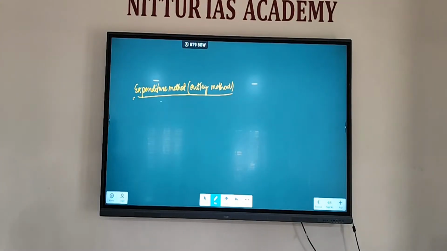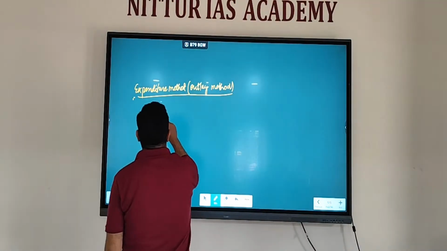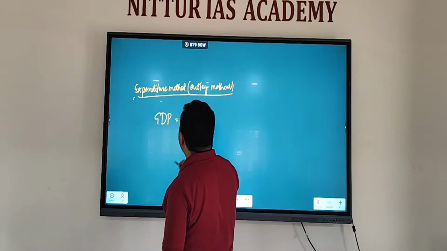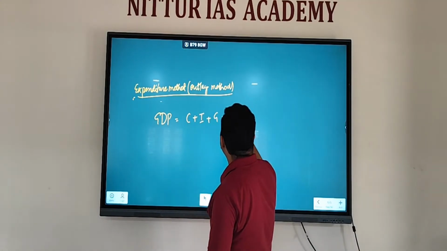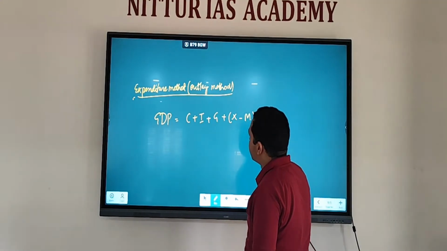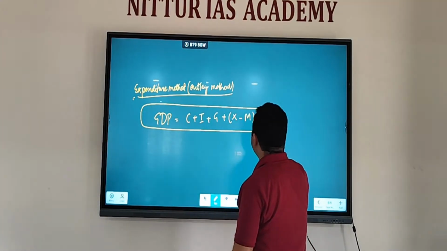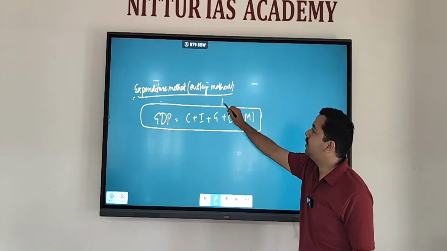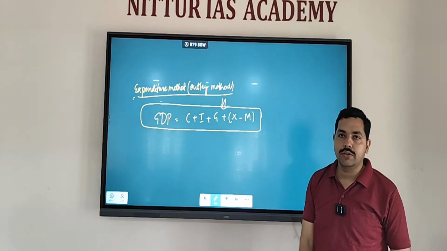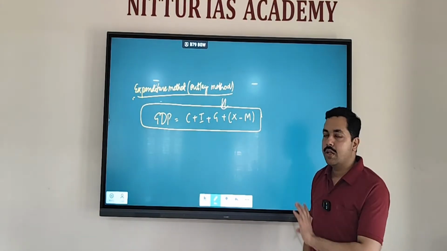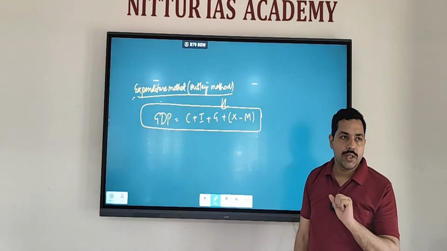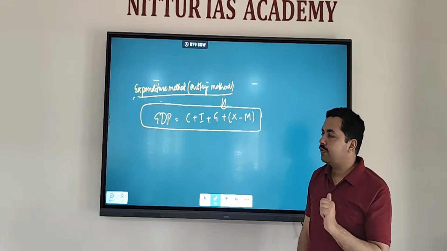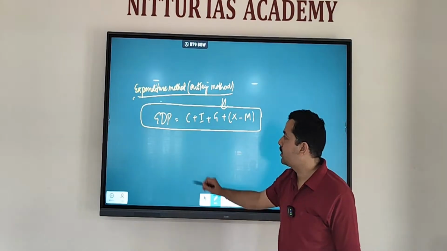GDP is measured as C plus I plus G plus X minus M. This is the formula we are using to measure GDP through the expenditure method.